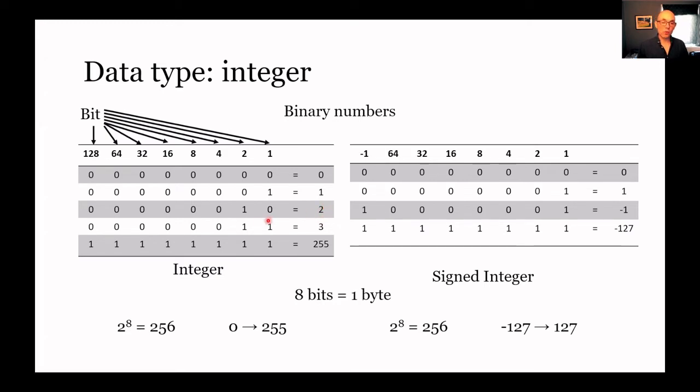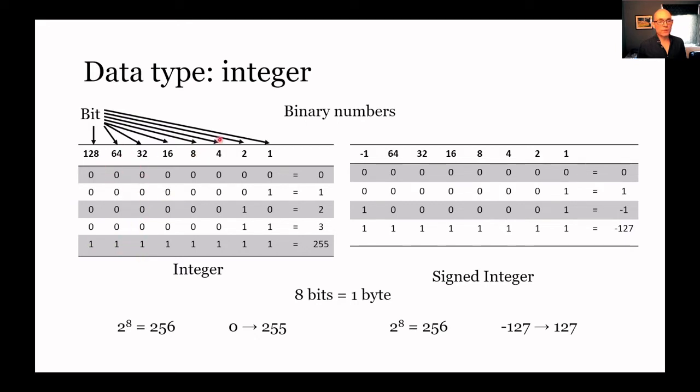And then if we add 1 more to that, there's space for it here, because that was off. So we turn it on, and we've got 2 plus 1 is 3. And if we continue all the way along, we can fill that up to a maximum of 255. If we add up all of these, this column represents 128, that column represents 64, that column represents 32.